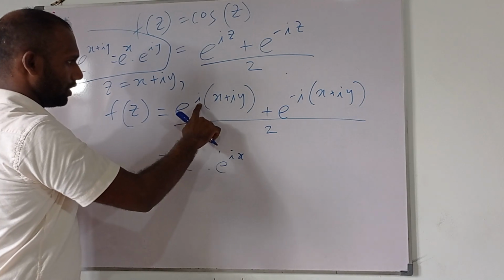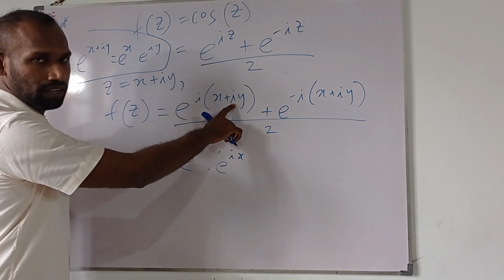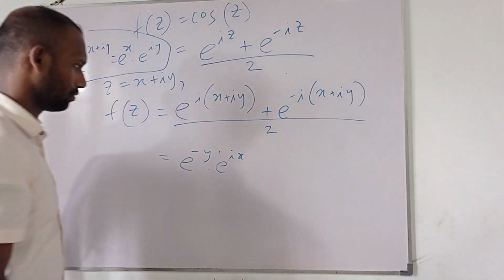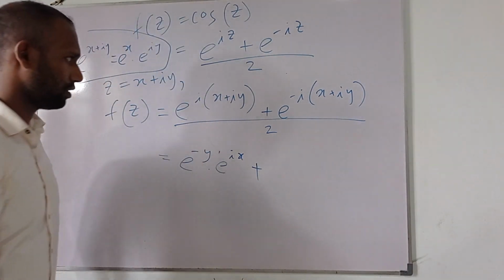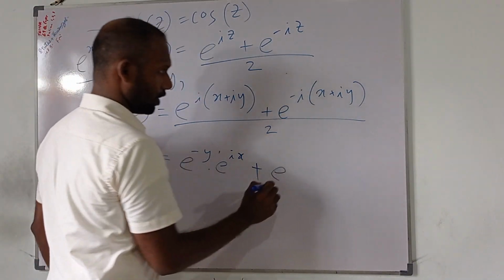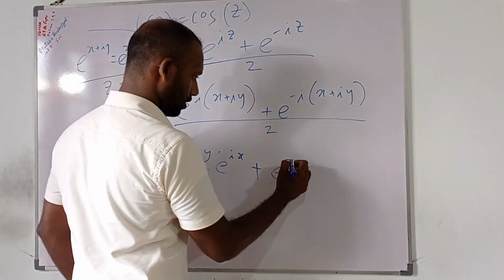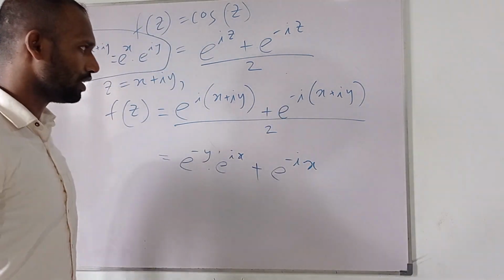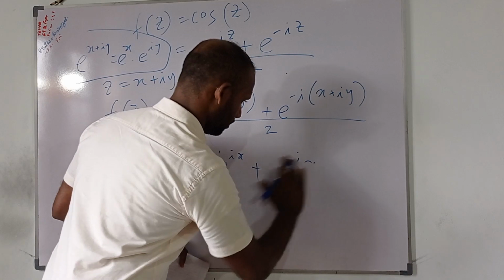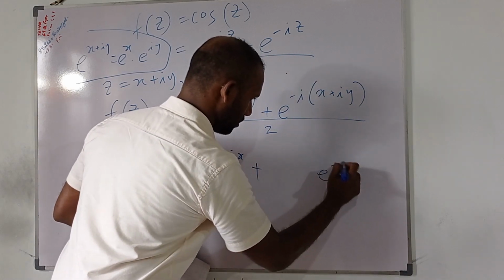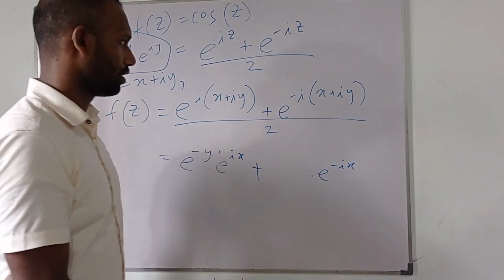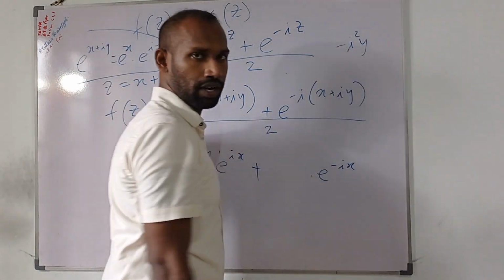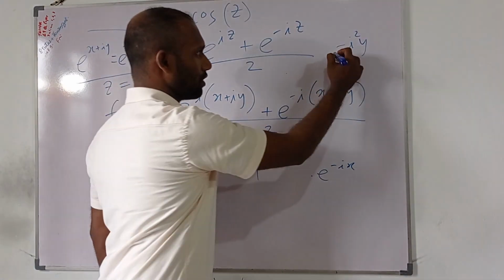Then here i squared is minus 1, so here minus 1, plus e to the power minus ix times minus i squared y.